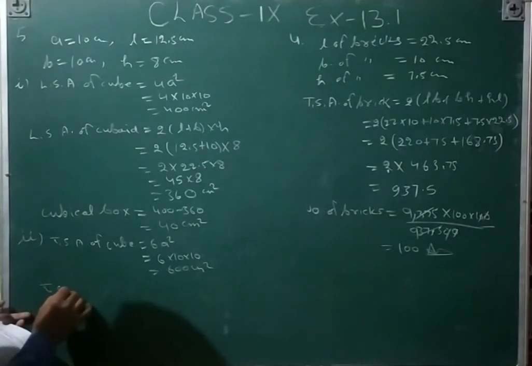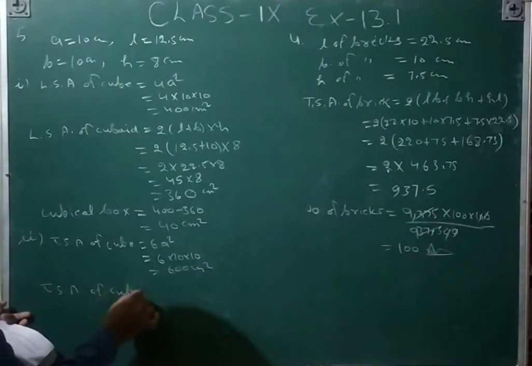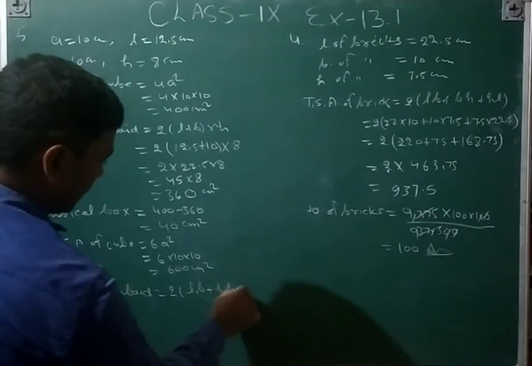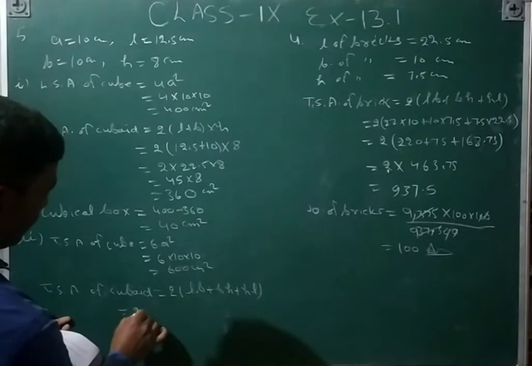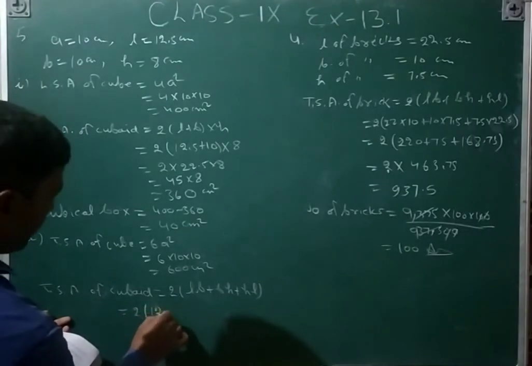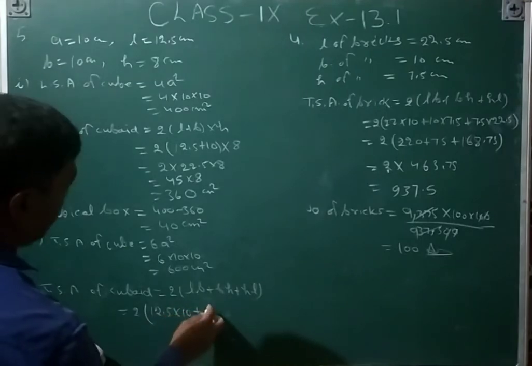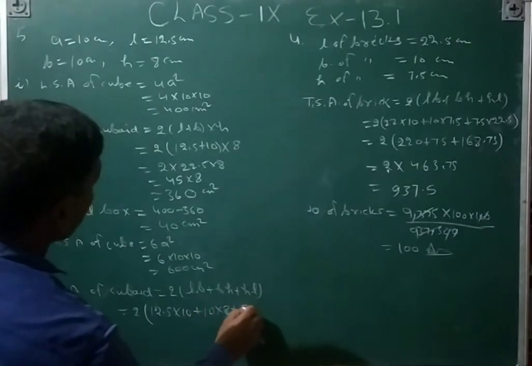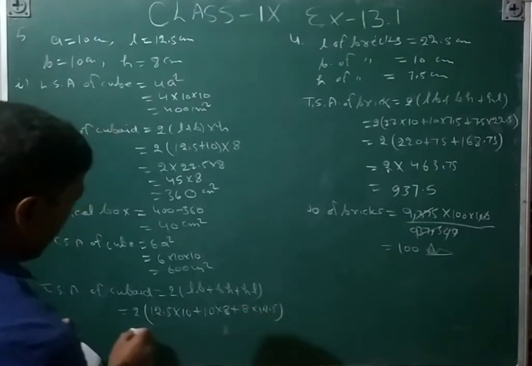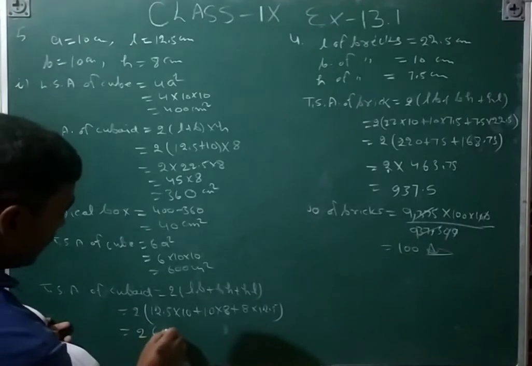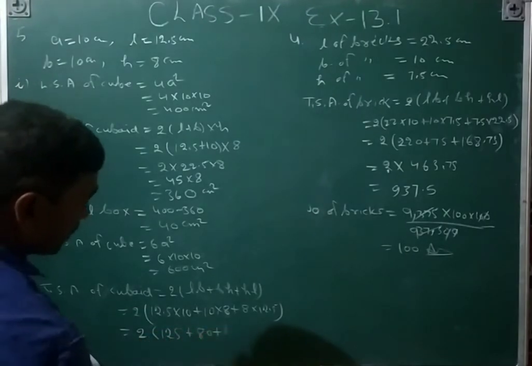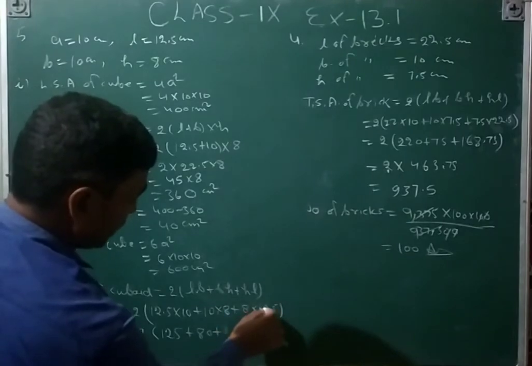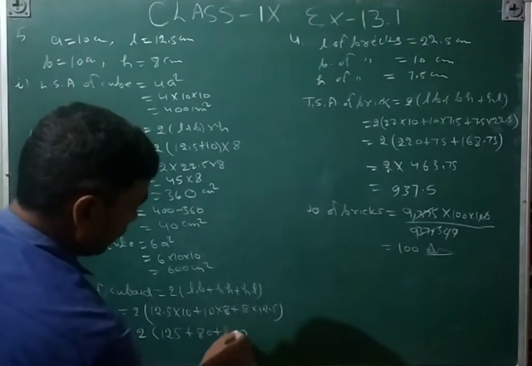And then TSA of cuboid is 2 bracket LB plus BH plus HL: 2 bracket L is 12.5 into B is 10, plus B is 10 into 8, plus 8 into 12.5, and then 2 into 125 plus 80 plus... 8 fives are 40, 8 twos are 16, 16 plus 4 is 20, 8 ones are 8, plus 2 is 10, 100.